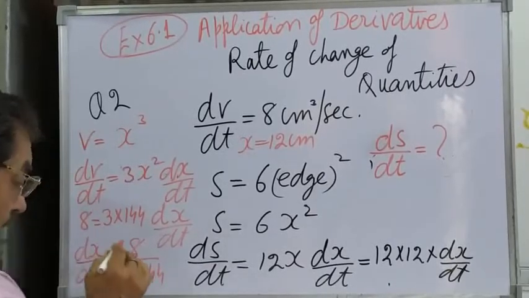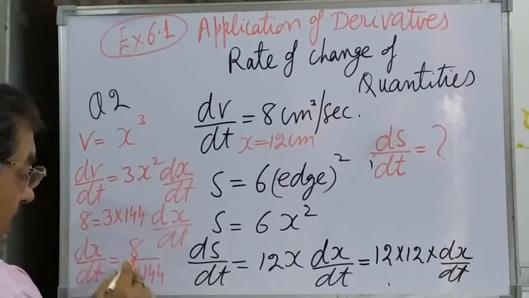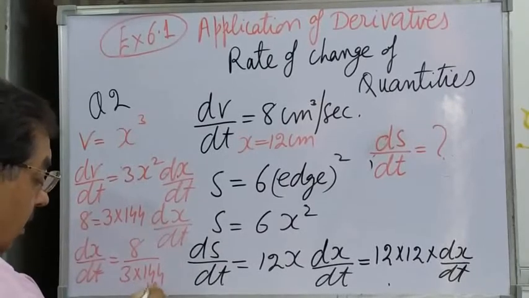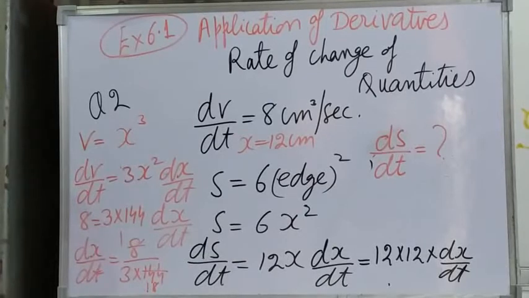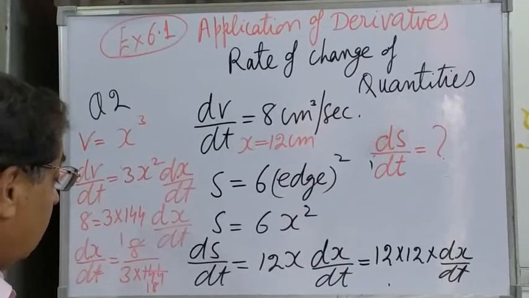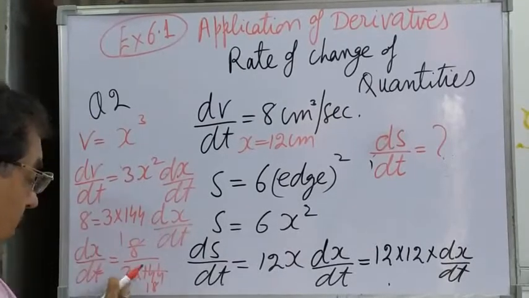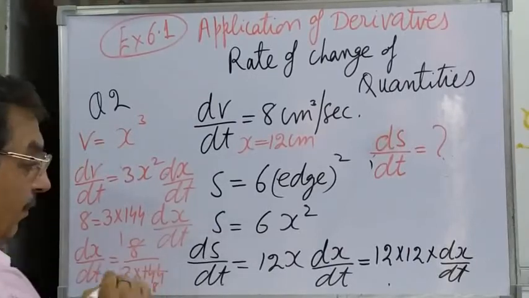Let us cancel it out. 8 ones are 8, 18 eights are 144, so we cancel out 8. Then 18 threes are 54. So we have here 1 by 54.